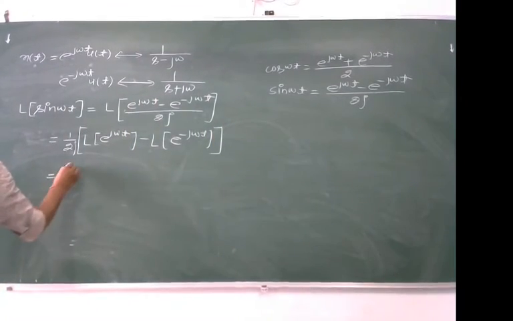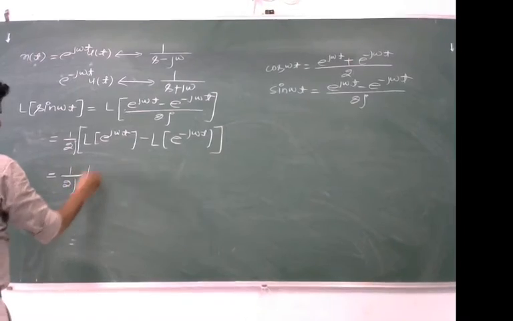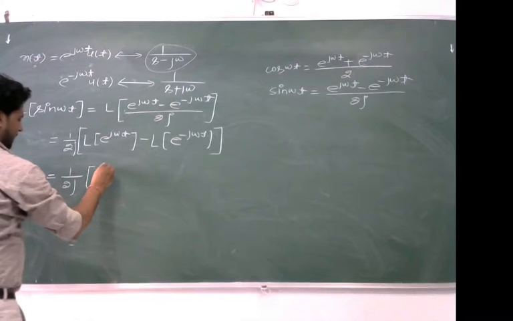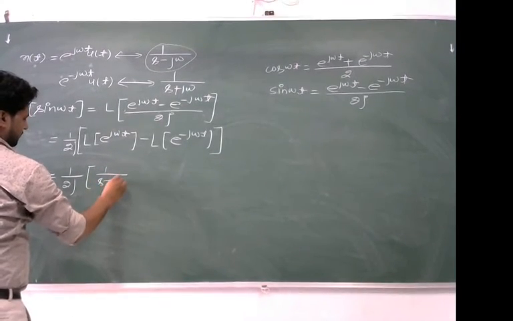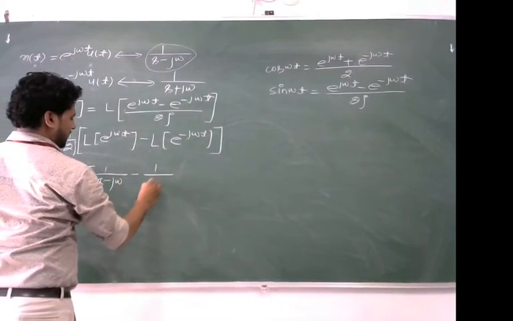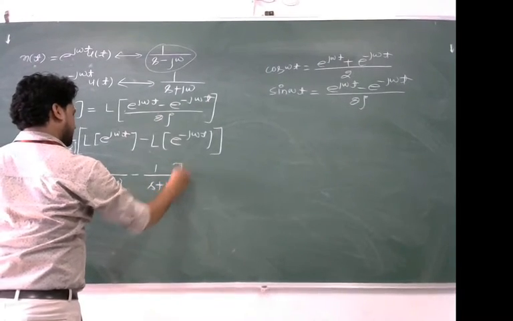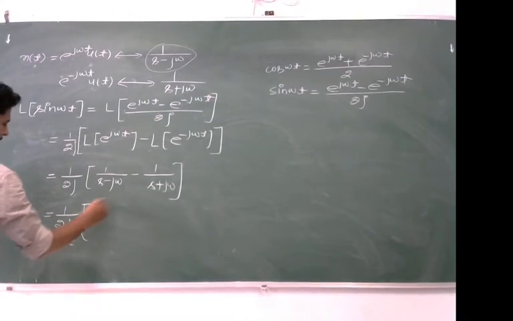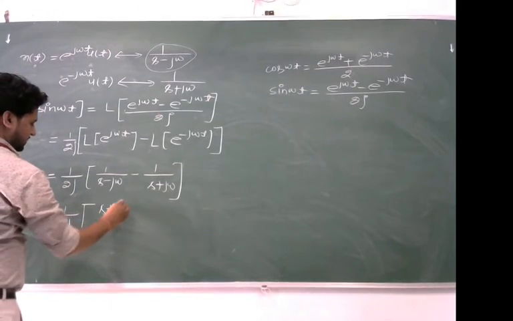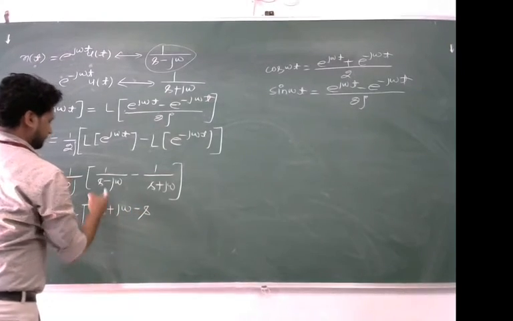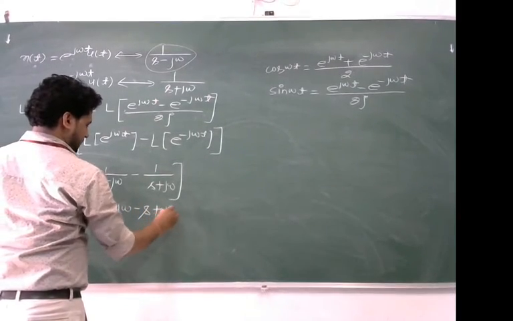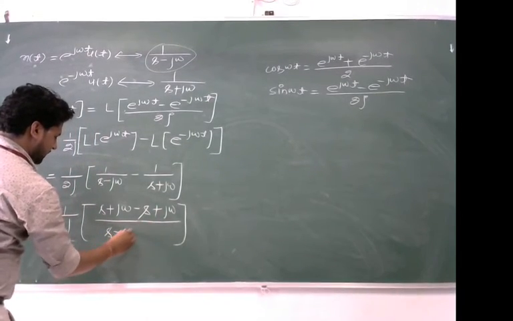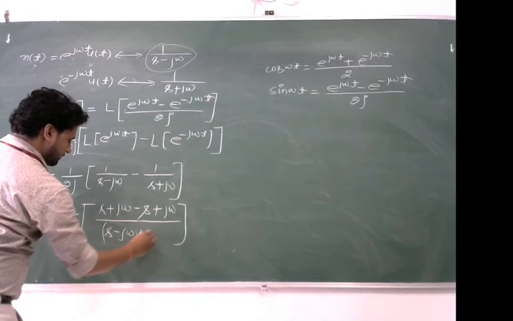We know that the Laplace transform of e power plus j omega t is equal to 1 upon s minus j omega, minus 1 upon s plus j omega, and this will be equal to 1 upon 2j. This is s plus j omega minus s plus j omega divided by s minus j omega into s plus j omega.